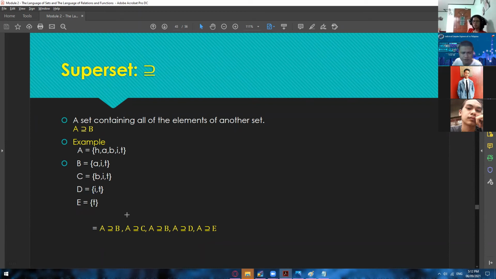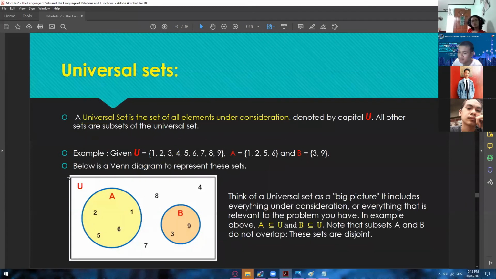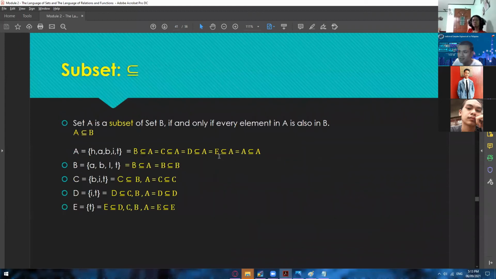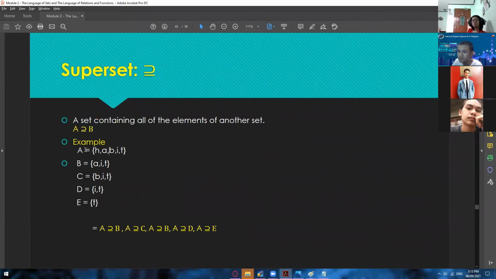Okay, so Sir, yes. What is the difference between them and the universal set? Why do you compare that one to superset? Universal set is like a rectangle or just a big picture which contains certain elements. And superset is a set that contains all of the elements of its subset or proper subset.